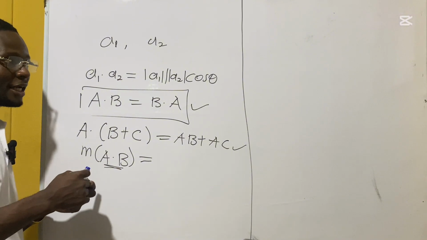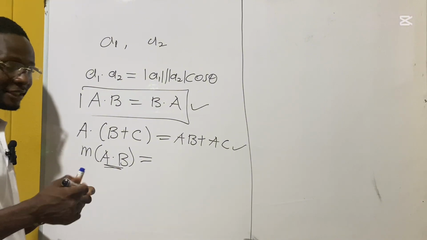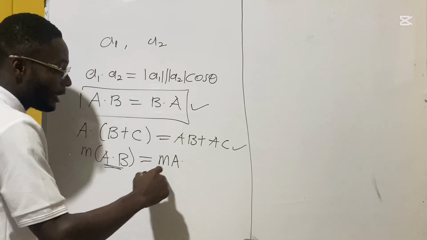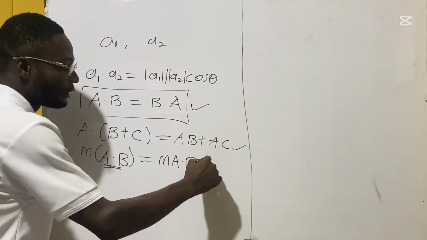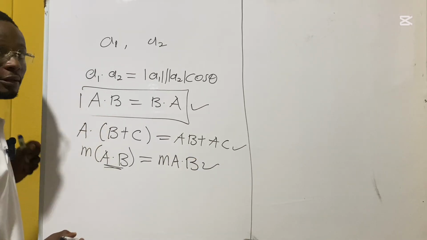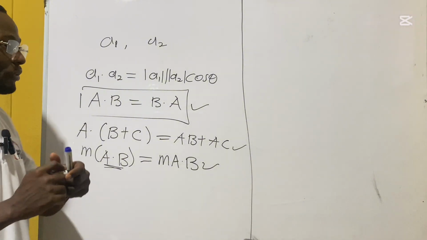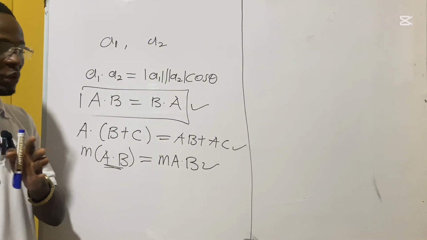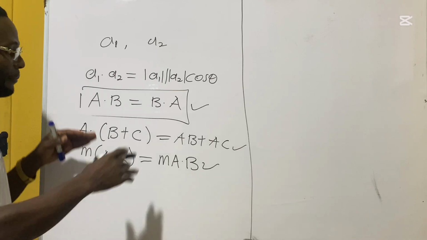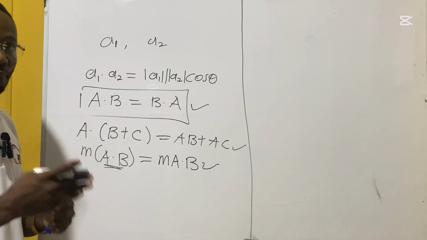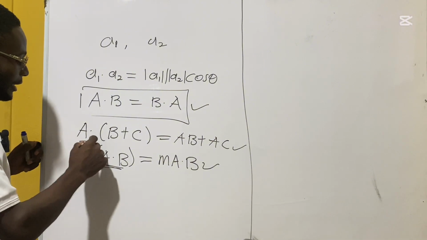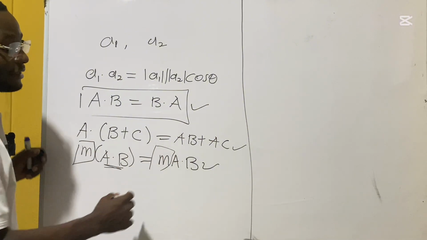You can rewrite this as (M A) dot B. This is the third property. These are basically the main properties that you have to know. As I said, M is just a scalar.